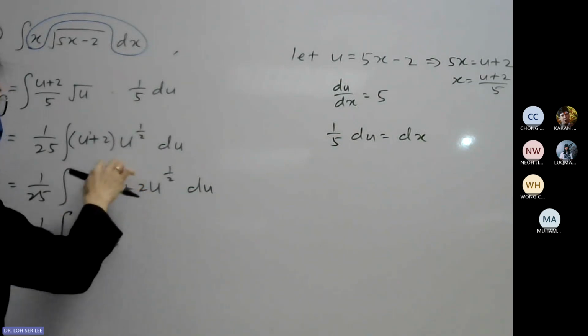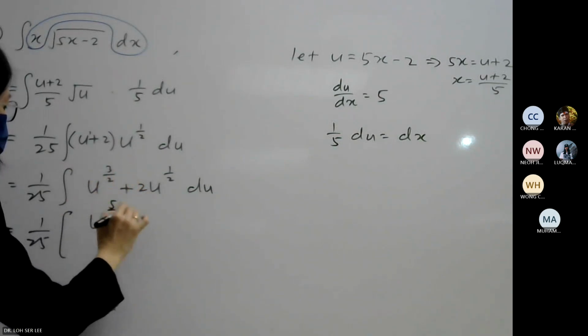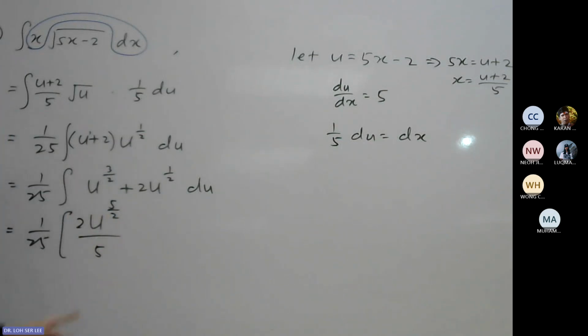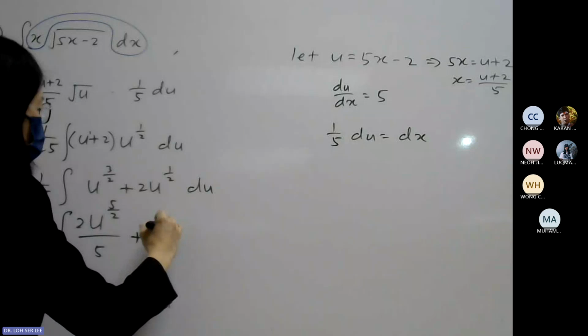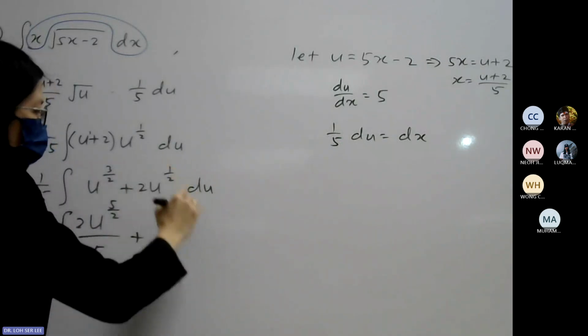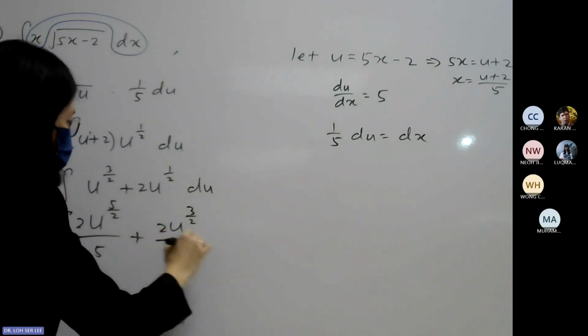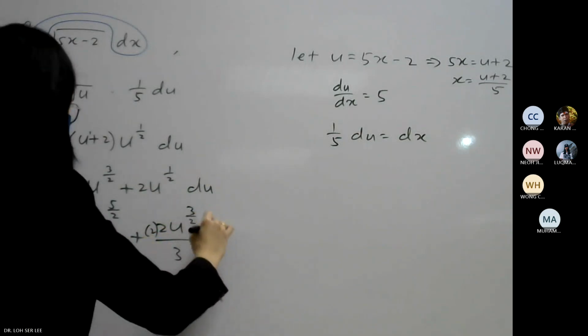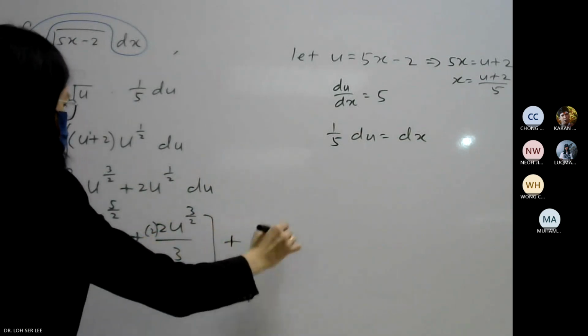So u, this 1 plus 1, over 5 over 2. The 2, I bring it up. And 2u, 1 over 2 plus 1, 3 over 2, so 3 over 2, bring up the 2, plus c.